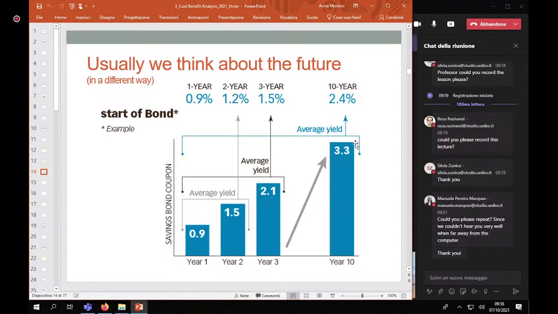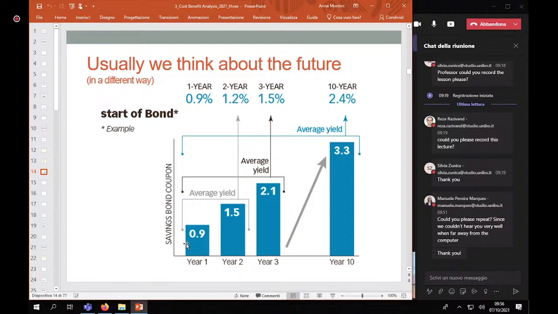If we look at this, we can imagine that usually we think about the future when we have money that we want to invest now, and we are used to doing some calculation to have an idea of the yield that we will obtain in the future for the invested money of today.